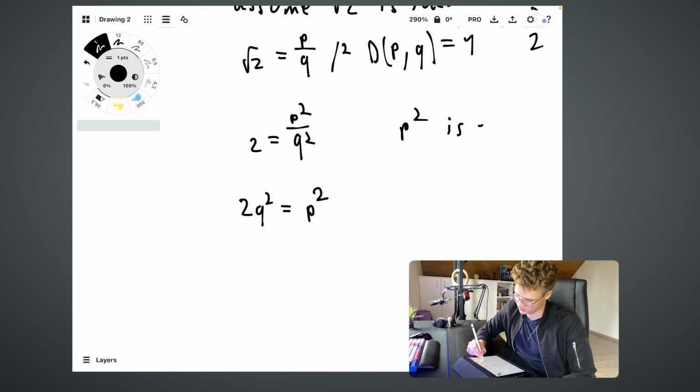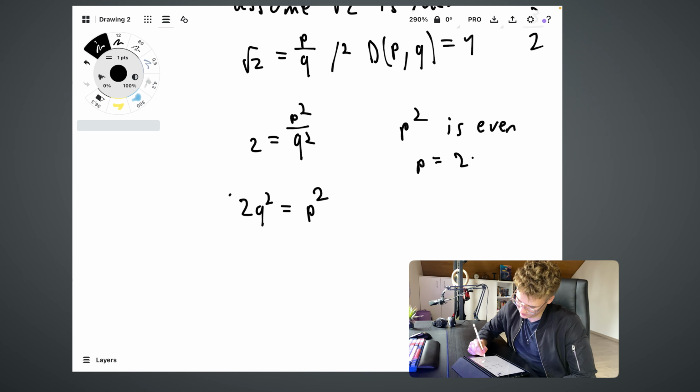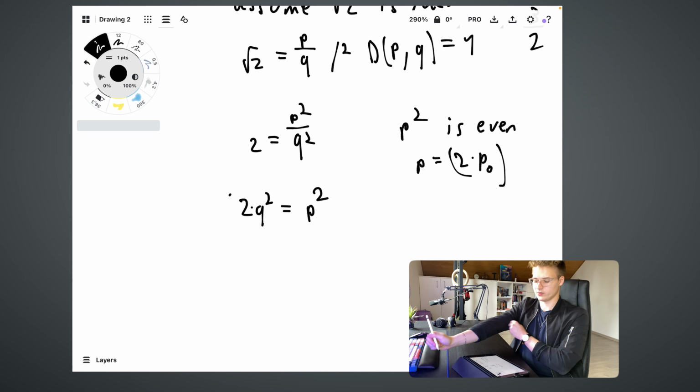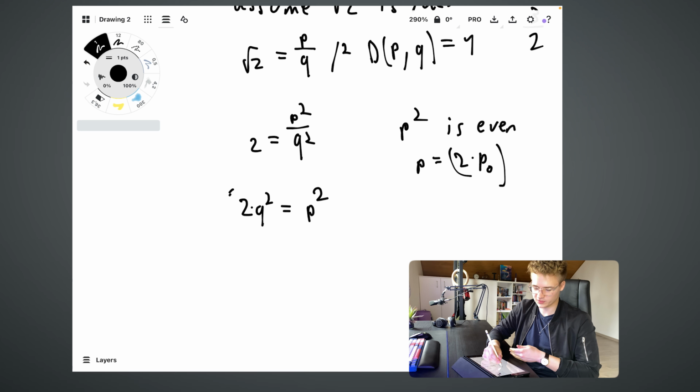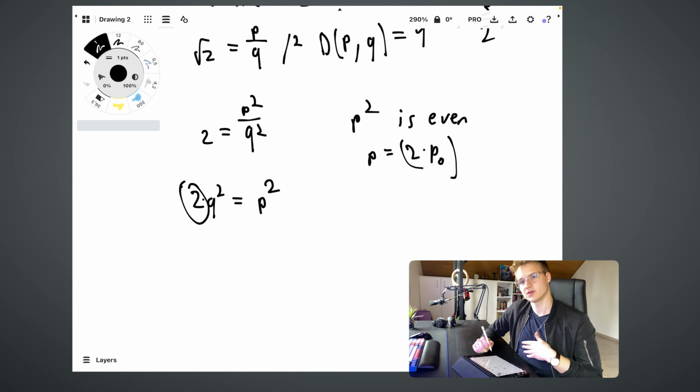Is even, because it's 2 times some number, which means that we can write that p is 2 times some number. Why do we know it's even? Well, because it's multiplied by 2 here. This means it's even. And if it's an even number, it can be 2 times something, okay?